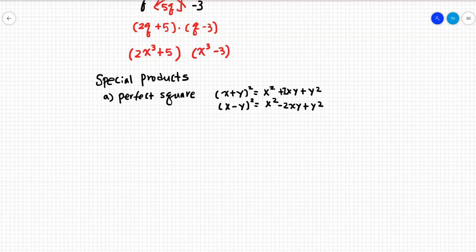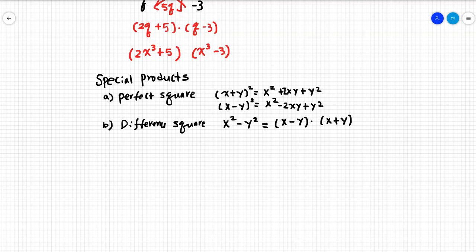Now the other one here is what we call the difference of squares. Okay, so if you have any polynomial of this form, like x squared minus y squared, that's going to be the same as x minus y times x plus y.